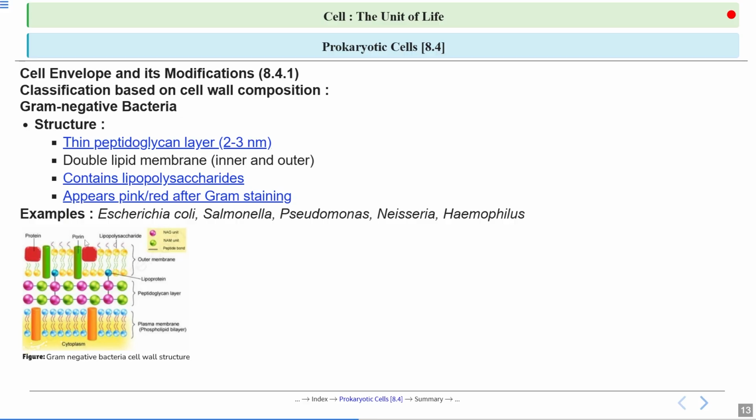Here they have labeled NAG and NAM. The peptidoglycan is made up of NAG and NAM, which alternate with each other. Because of the presence of a double lipid membrane outside the thin peptidoglycan, the stain is not retained after adding the decolorizing agent. And when you add the safranin, these bacteria take up the safranin dye and appear pink or red.